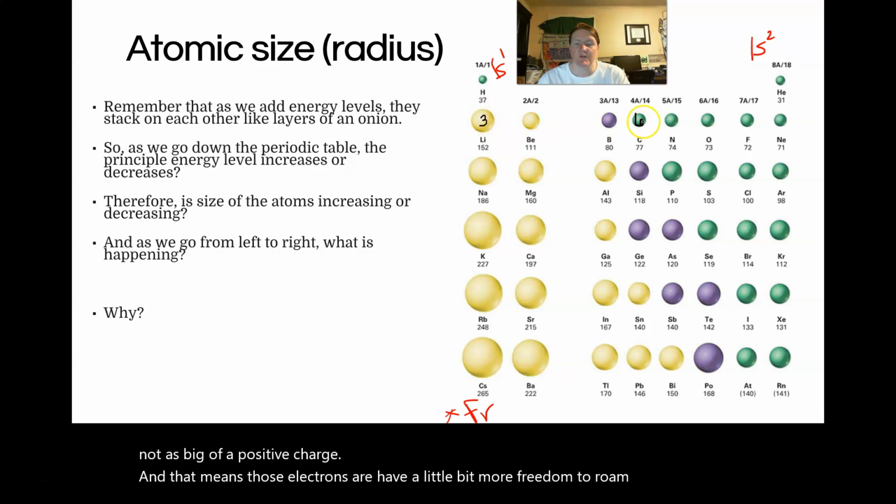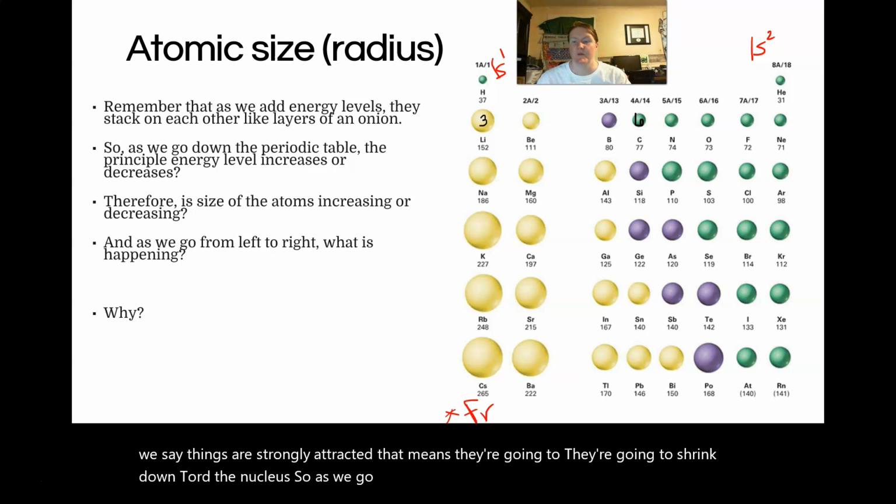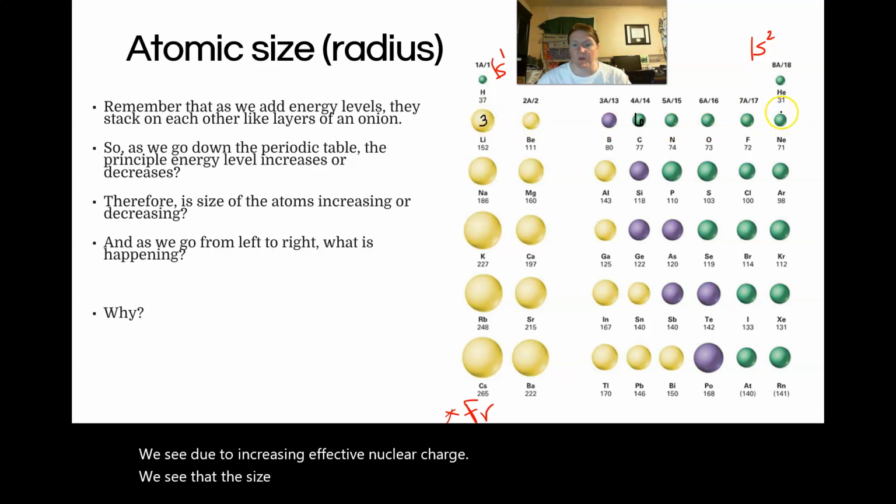So when we say things are strongly attracted, that means they're going to shrink down toward the nucleus. So as we go from the left to the right side on the periodic table, we see, due to increasing effective nuclear charge, that the size of the atoms gets smaller.